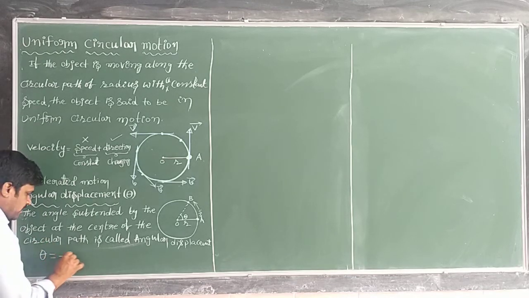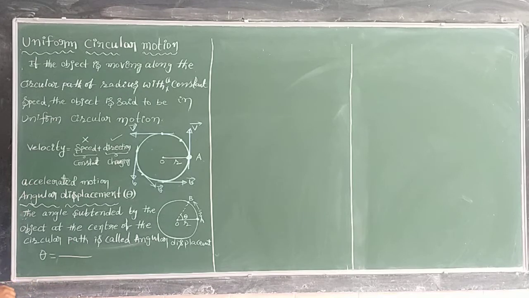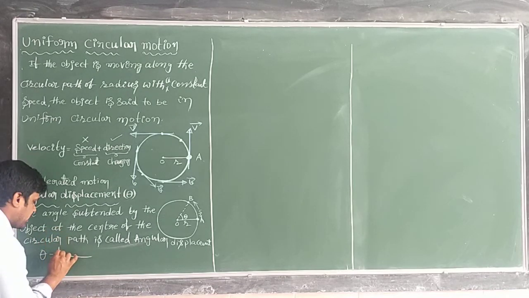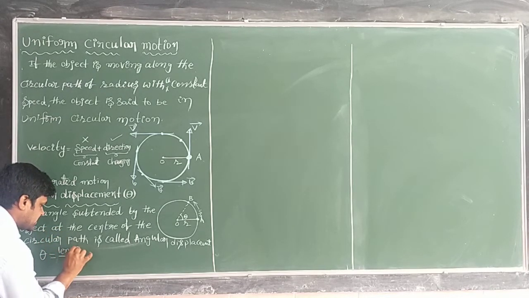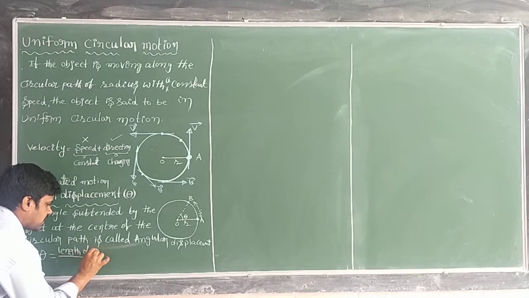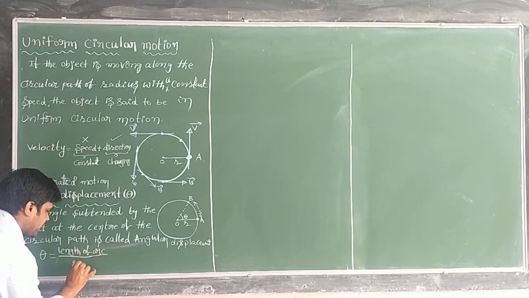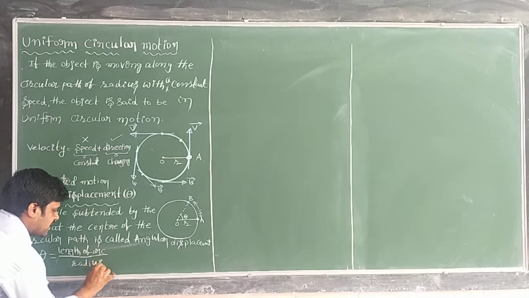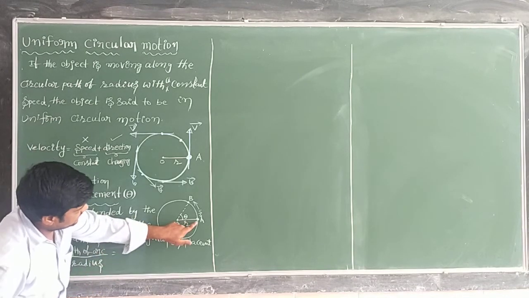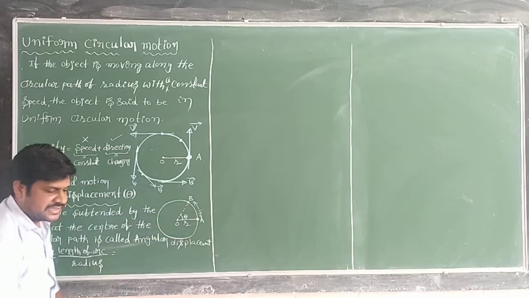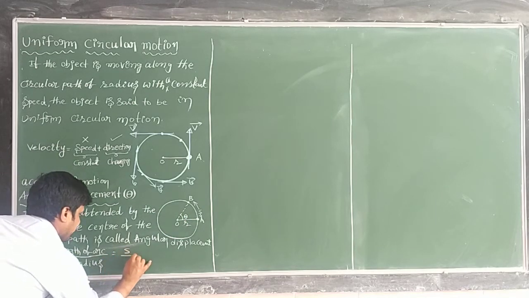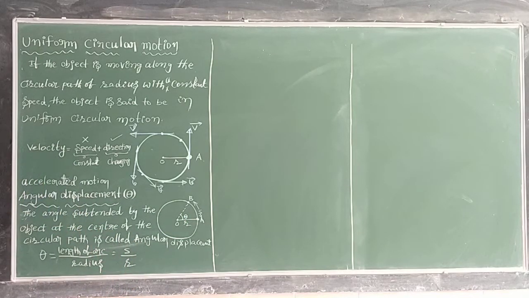Theta, the angular displacement, can be measured as the length of the arc divided by the radius. What is the length of the arc? This curved part is nothing but s, divided by the radius r. Angular displacement is measured in terms of radian.